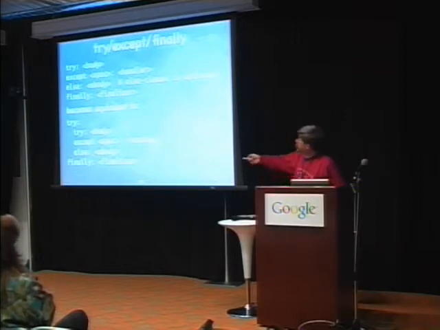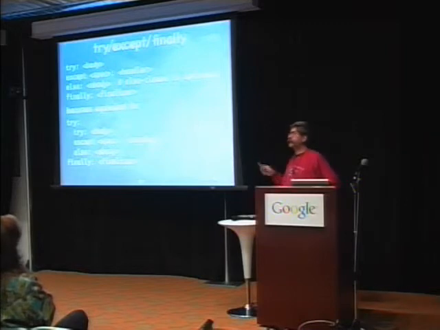So it's equivalent to this kind of nesting. And you can also have an else clause, which we still have, and Java doesn't. That's the else of the except, because it wouldn't make any sense to have an else for a finally. Finally always executes unconditionally. The else is the clause that executes if no exception gets raised. Okay?